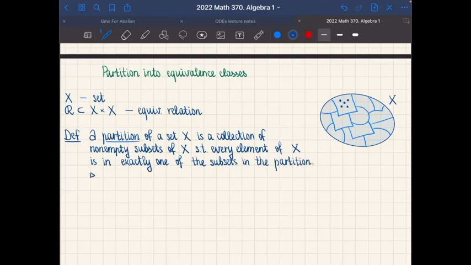I want to call these subsets cells, the cells of the partition.